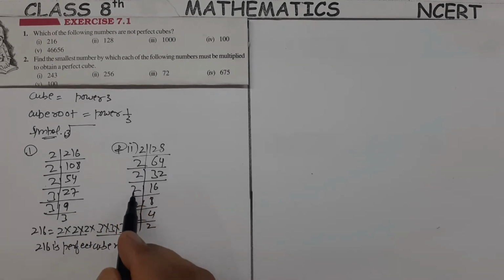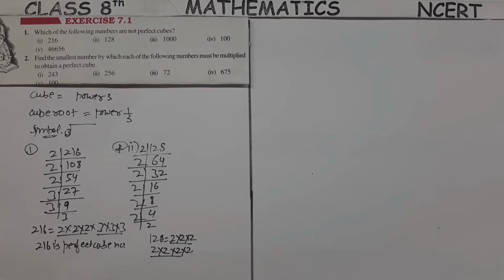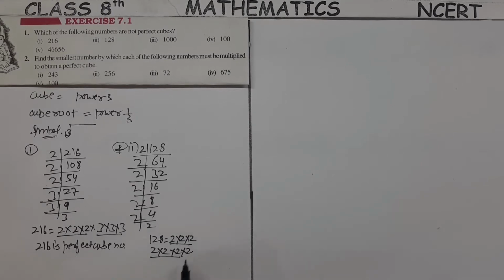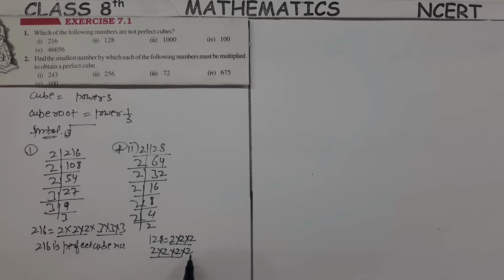Here 2 is remaining, not in a triplet. That's why 128 is not a perfect cube.